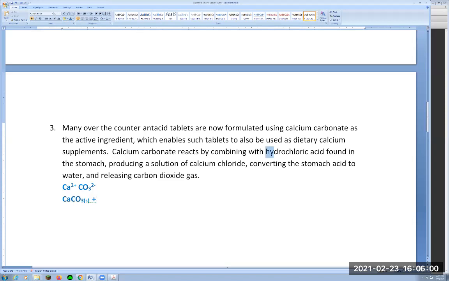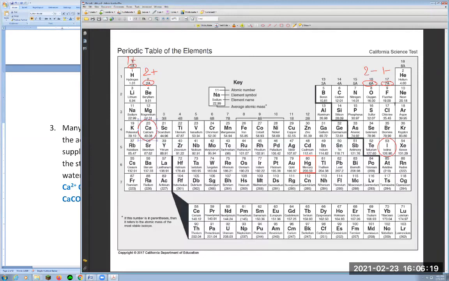The hydro in front tells you it's only a chloride, or the chloride ion. And acid means you will have H first in the formula and then just Cl. Because the chloride ion is Cl minus 1, right? It's a halogen from group 7A. So it's a -1 ion.